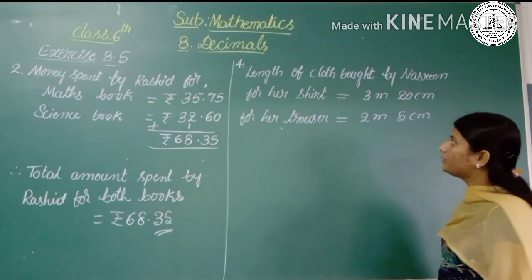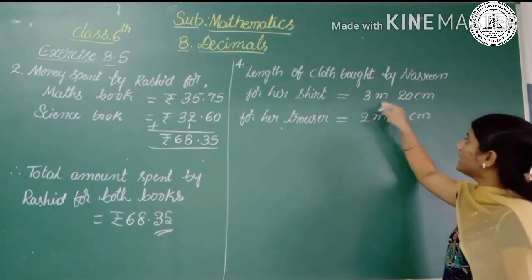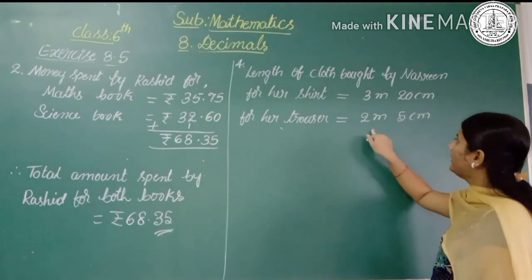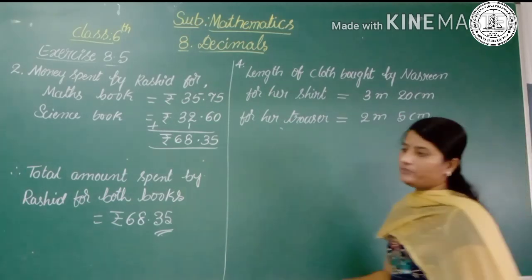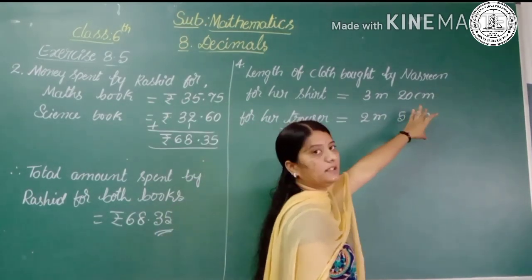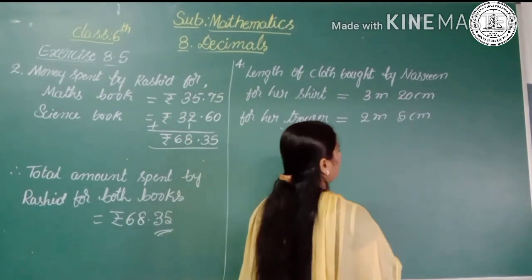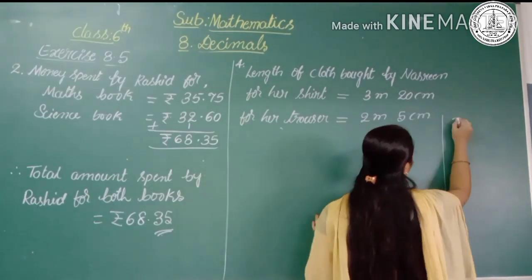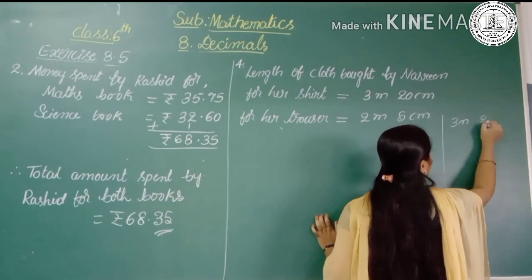So what we have to do here? Here they are given in the meter and centimeter. First convert it into decimal and add here. In the downside write down here 3 meter 20 centimeter can be written as, or else you can also do it here. So 3 meter 20 centimeter.